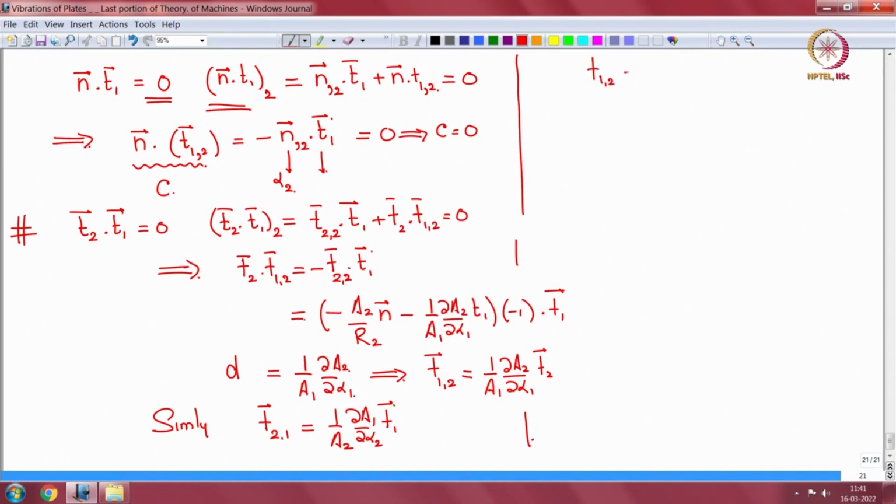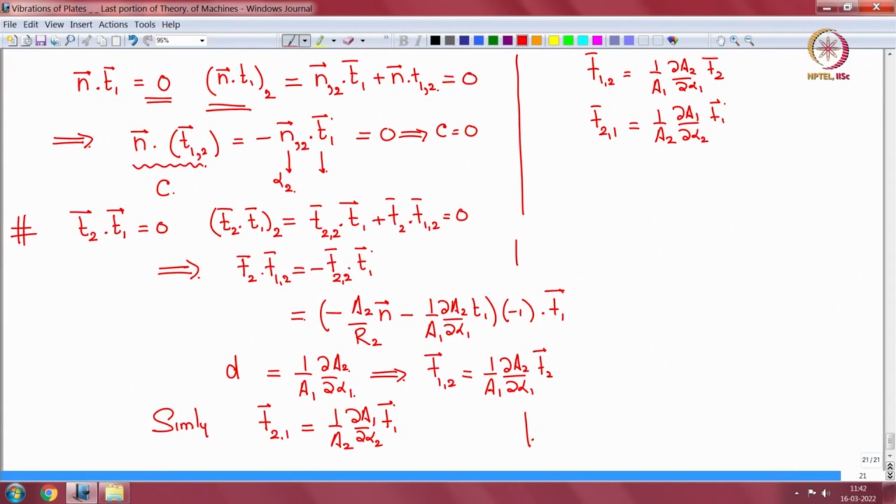T1 comma 2 is equal to 1 over A1 del A2 by del alpha 1 T2, and T2 comma 1 is equal to 1 by A2 del A1 by del alpha 2 T1. Okay.